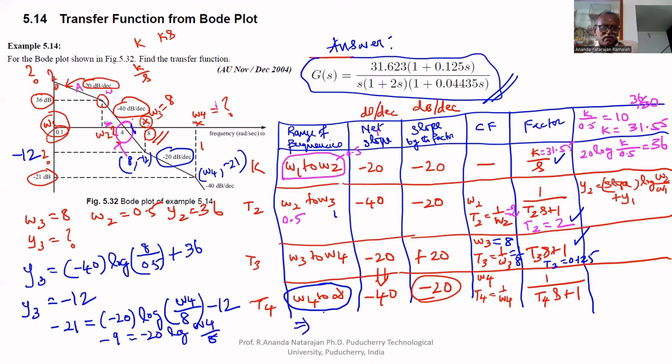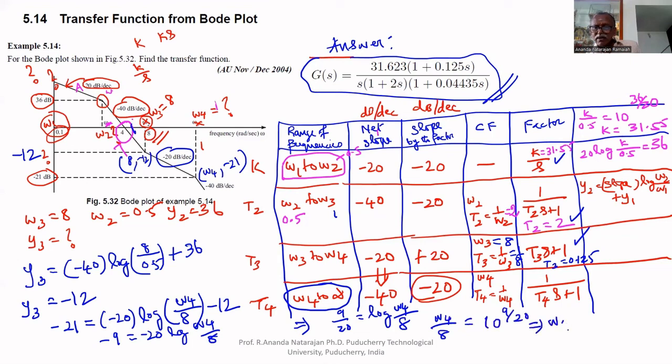This implies minus minus getting cancelled. Therefore, 9 by 20 equal to log omega 4 divided by 8, or omega 4 by 8 equal to 10 to the power 9 by 20.